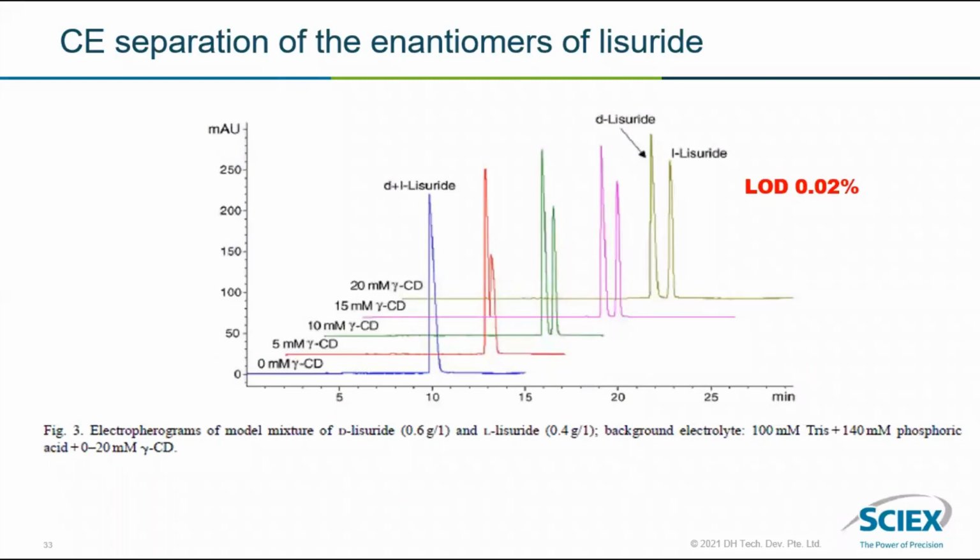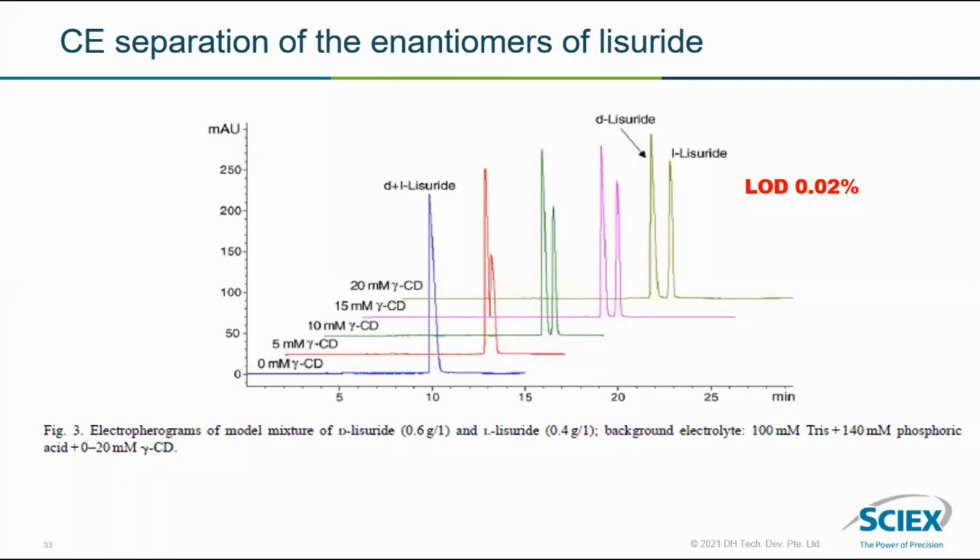Here I have an example of chiral analysis using capillary electrophoresis. We have taken a glyceride as an example, and in this slide we can see the method development activity for this molecule. We took gamma cyclodextrin for this experiment and prepared different concentrations, from 0 to 20 millimolar, and you can see the separation of the D and L forms.